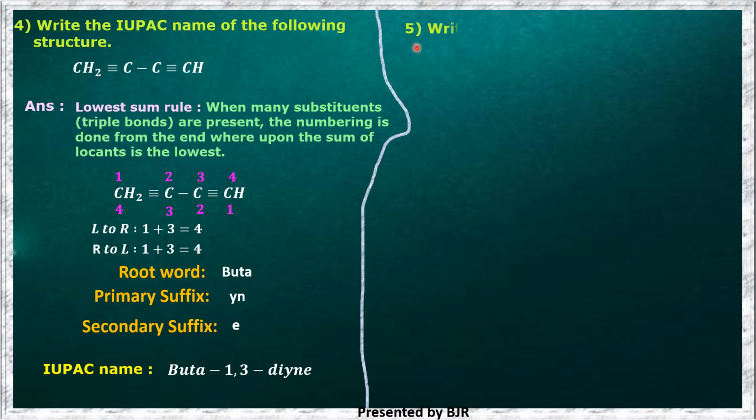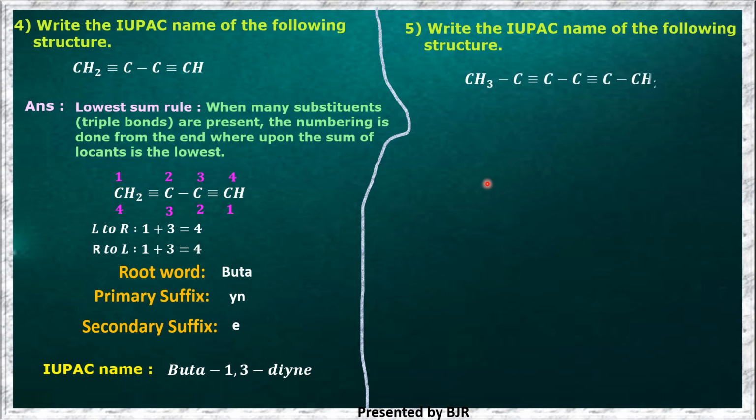Next one, fifth one, write the IUPAC name of the following structure. This is the structure. In this structure also, okay, two triple bonds are there. So we have to give the numbering in such a way that the sum of the locants should be least.